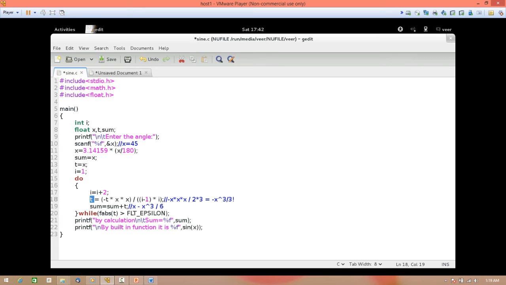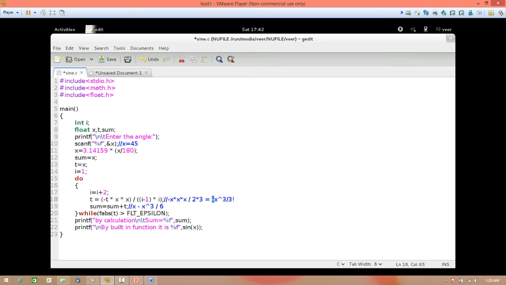So now we have got the t3 value. We can add the t to the existing value of sum. The existing value of sum is the first term x. So sum equal to sum plus t. When I say sum equal to sum plus t, the existing value of sum is x plus t, where t is minus x raised to 3 divided by 3 factorial, which is nothing but 6.